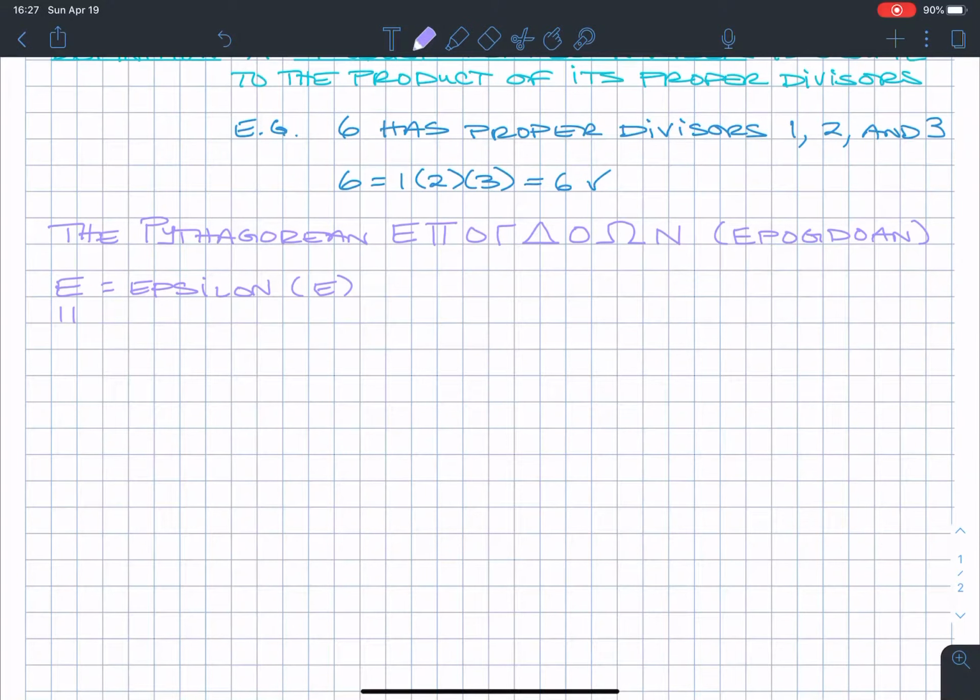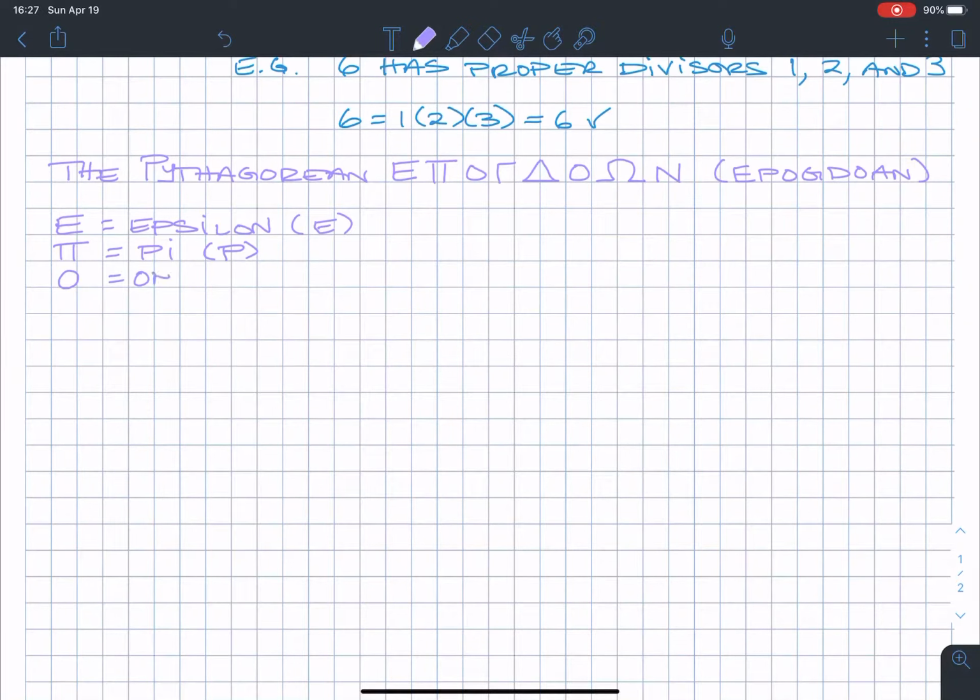Then we have omicron, which is O. Gamma, so this is gamma in Greek, which is a G in English.